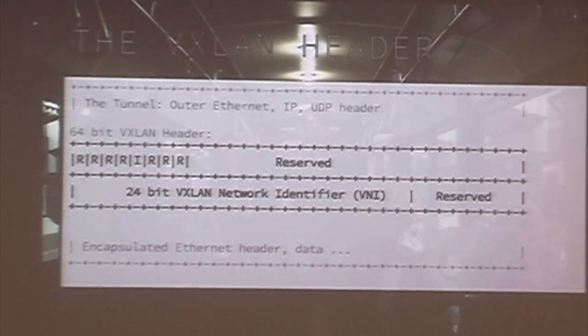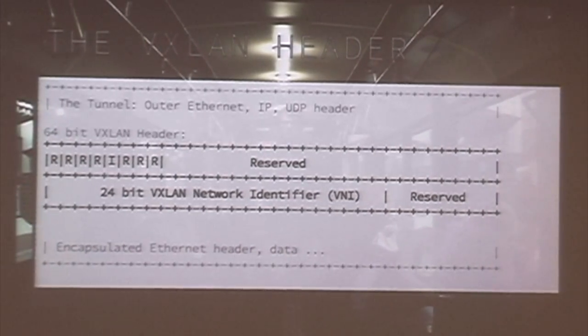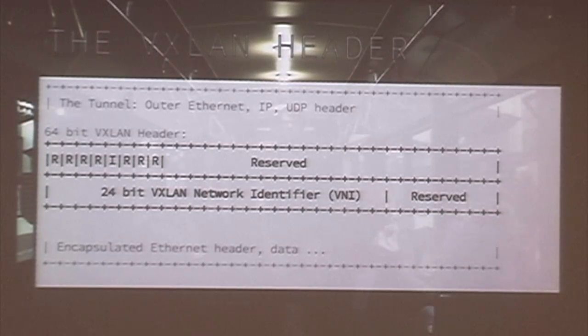So the VXLAN header is a 64-bit header, two 32-bit words. So it's slightly larger than a VLAN header. And it is also combined with the additional outer Ethernet, IP, and UDP header.